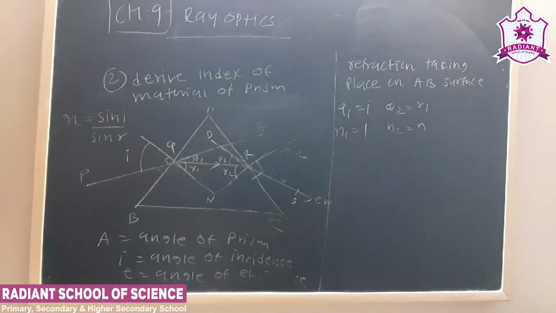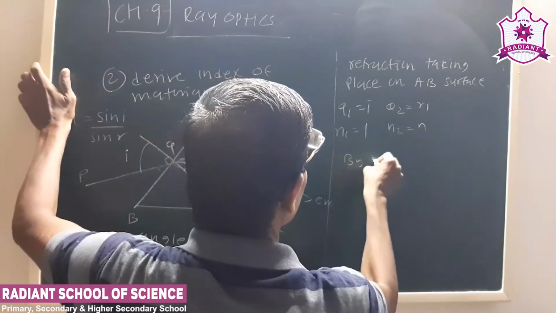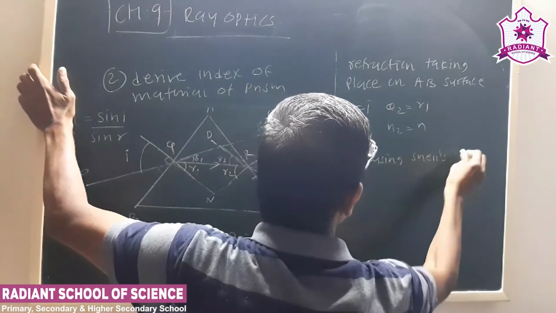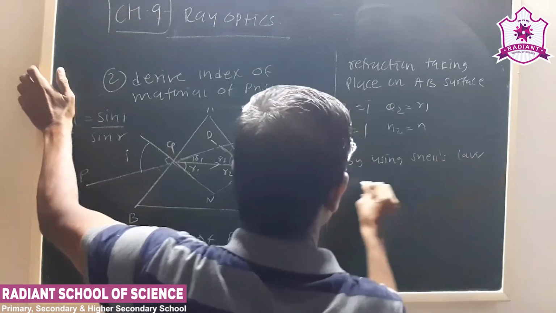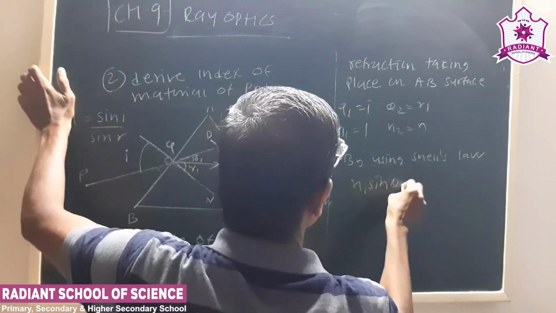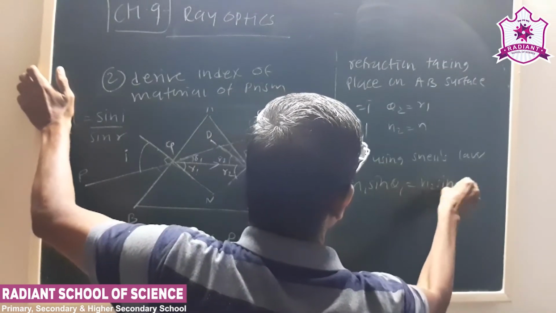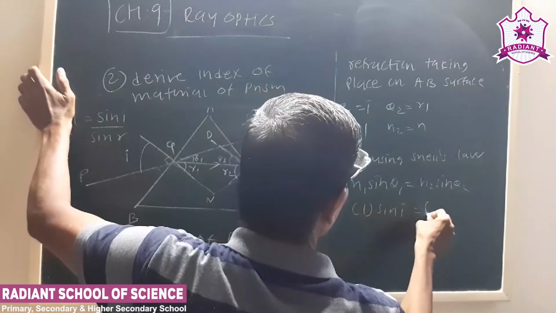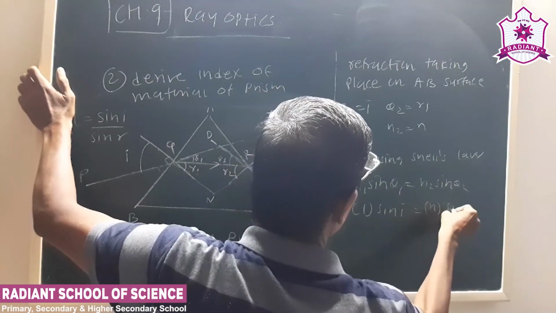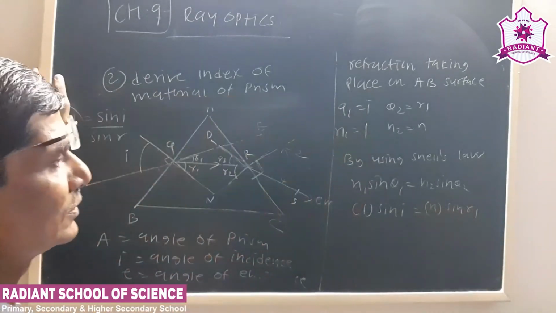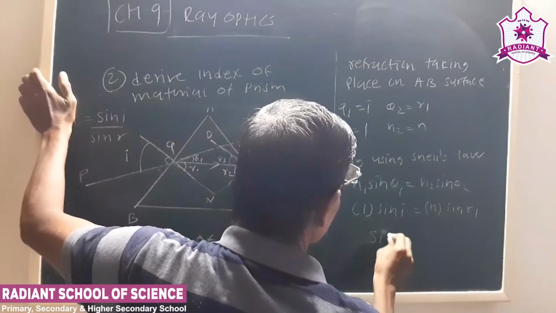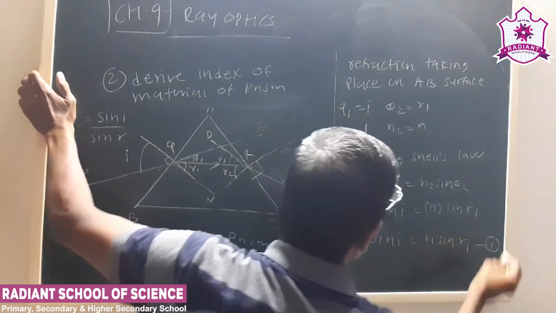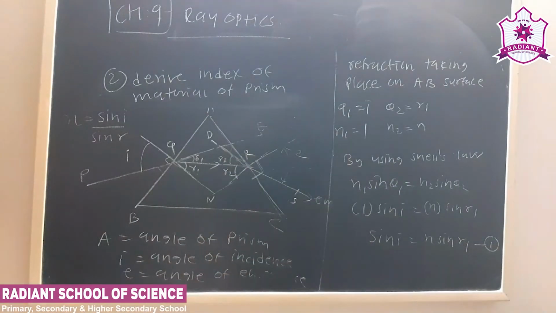Now we use Snell's law: n1 sin theta 1 is n2 sin theta 2, so sin i is n sin r1. Let us call this equation number 1.